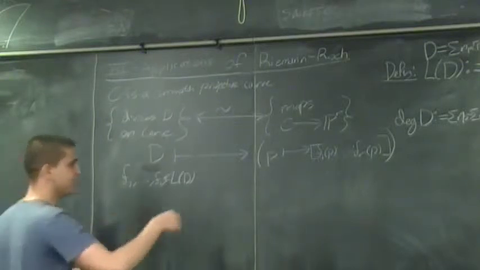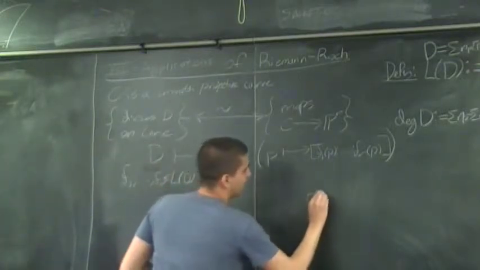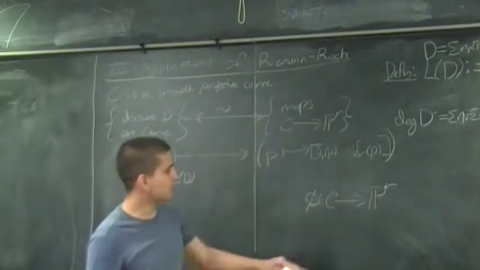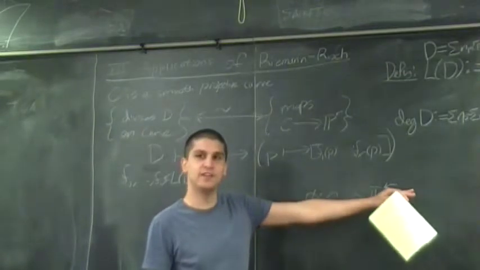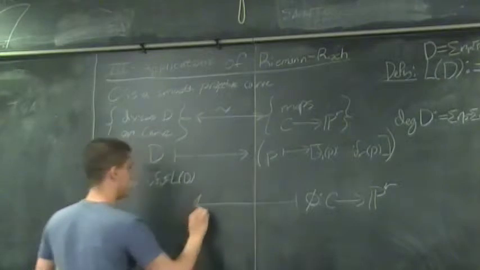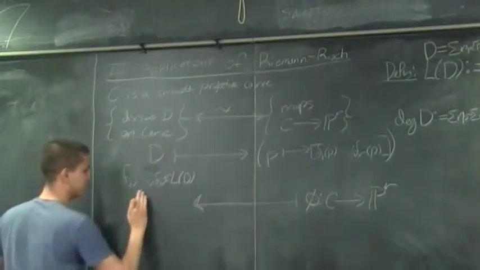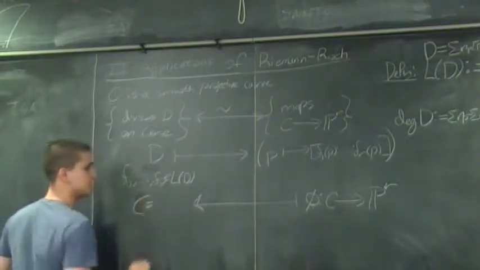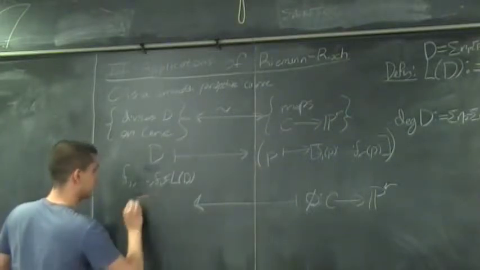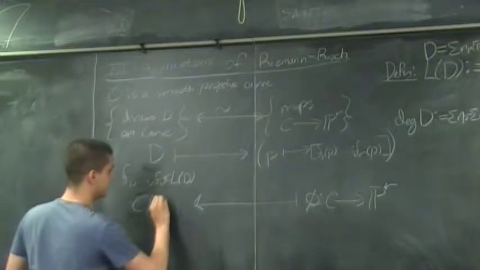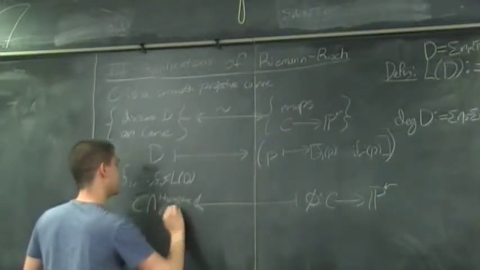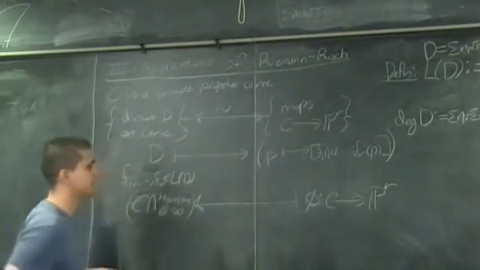And then in the other direction, suppose we have a map from C to P^R. We talked about how we can take the hyperplane at infinity in P^R and intersect it with C to get a divisor, D equal to C intersected with the hyperplane at infinity in this projective space.